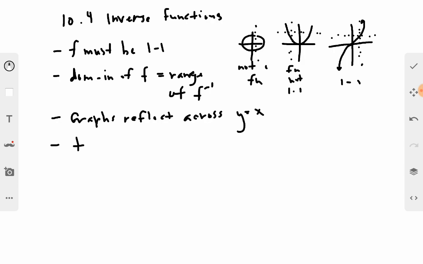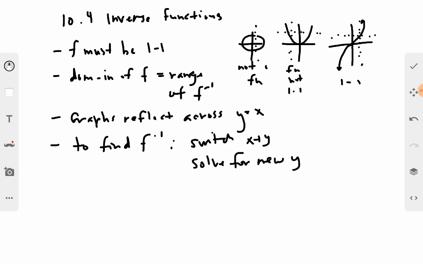All right, so to find f inverse, we switch the x's and y's, solve for new y, and our new y is the inverse.